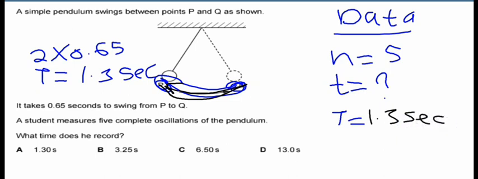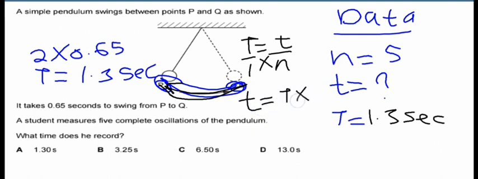Now let's calculate time. By using the formula, we can say the period of the pendulum is equal to the time taken over the number of oscillations. We are calculating time here, so we can make T the subject of the formula. T is going to be equal to the period of the pendulum multiplied by the number of oscillations.